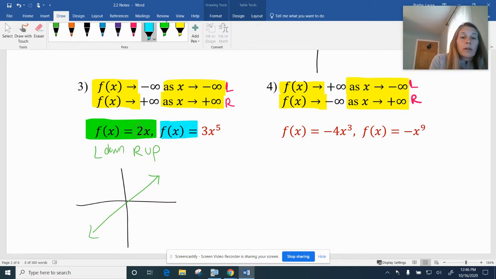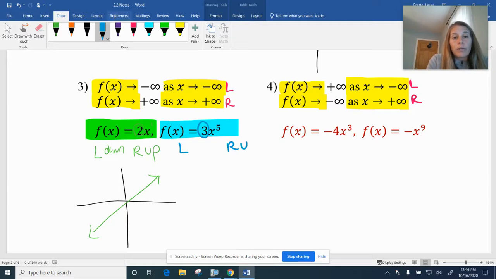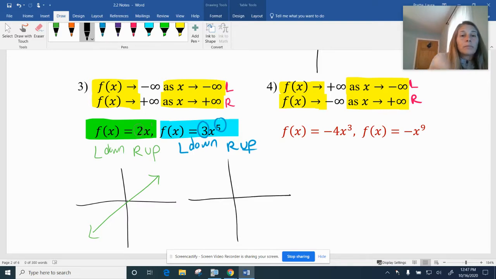So now let's try the next one. What's the left going to do? What's the right going to do? Okay, positive leading coefficient, the right side's going up. Odd exponent, the left side's doing the opposite, so it's going to go down. So if I were to graph this one, I know the right side is up, the left side is down.